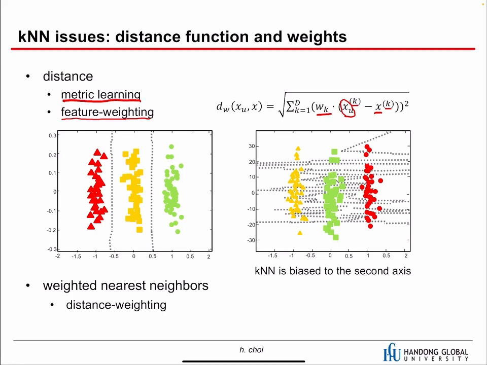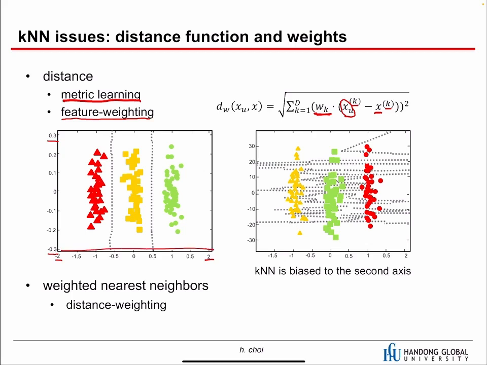And if we change this weight, then we can change this distance function, right? So look at this figure. And for your information, this horizontal axis goes from -2 to 2, and the vertical axis goes from -0.3 to 0.3.